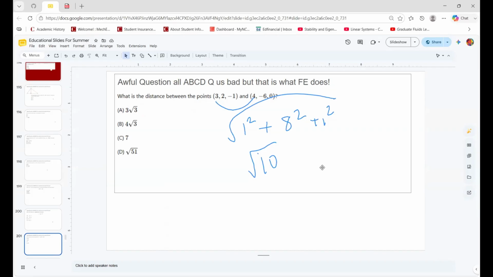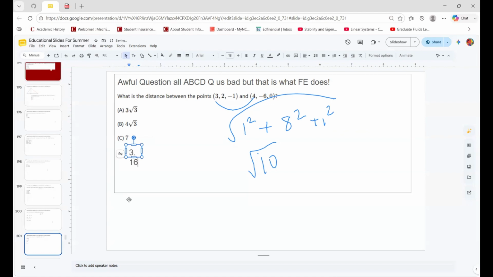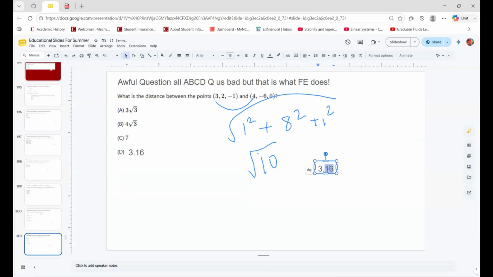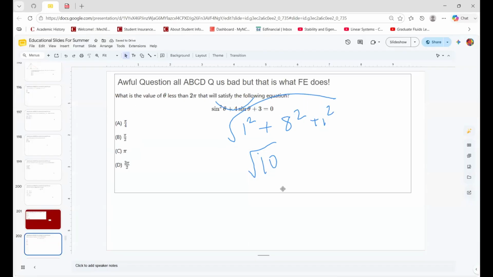No, another mistake on their part. What is that in number? The square root of 10 is about 3.16. So let's just fill this in. I'm sick of the amount of long answers here, and this is just embarrassing. If this has some kind of stupid mistake, I will be raging.